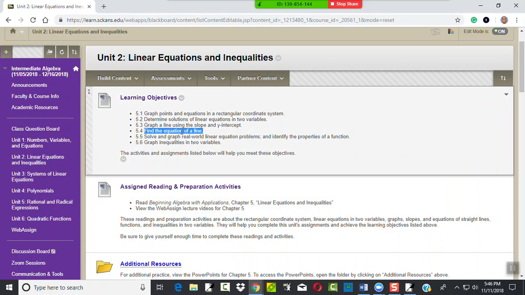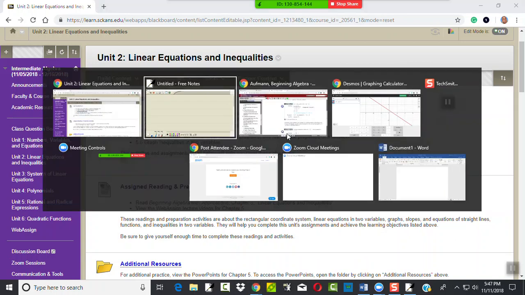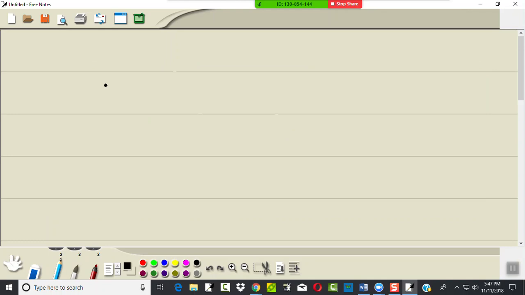And then we've got finding the equation of a line. The equation of a line is still in slope-intercept form: y equals mx plus b. Let's say that we're given that m is 2, and it passes through (1, 3).